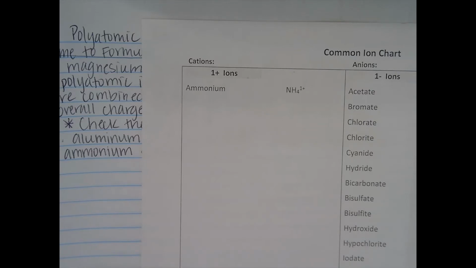So this is a nitrogen and 4 hydrogens that are bonded together, and as a group, they lost an electron. Okay, so it's a whole ion that has a +1 charge. But we're going to treat it the same way we just did aluminum or magnesium. It's the same idea.